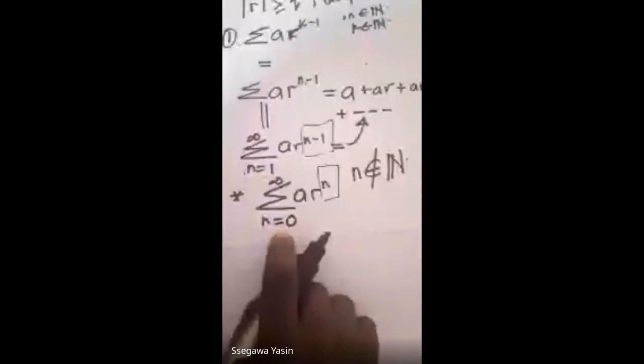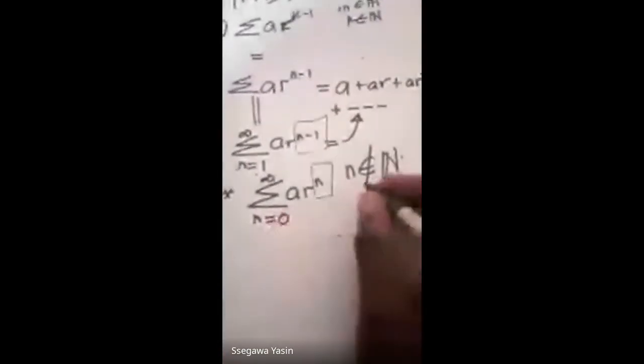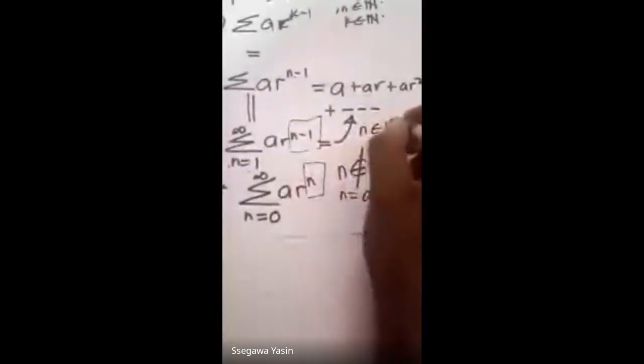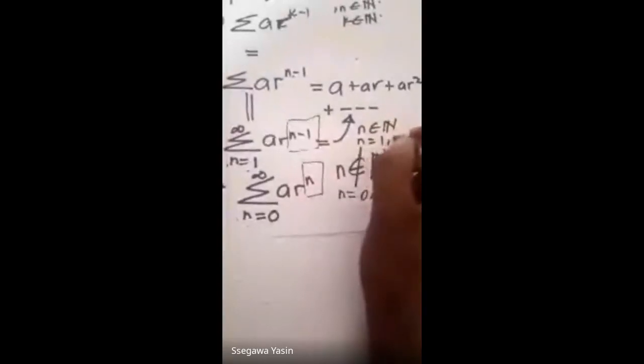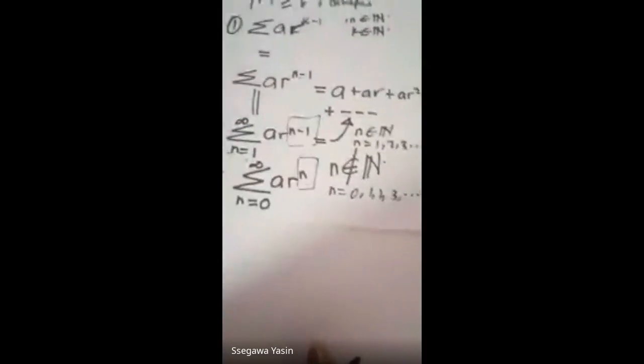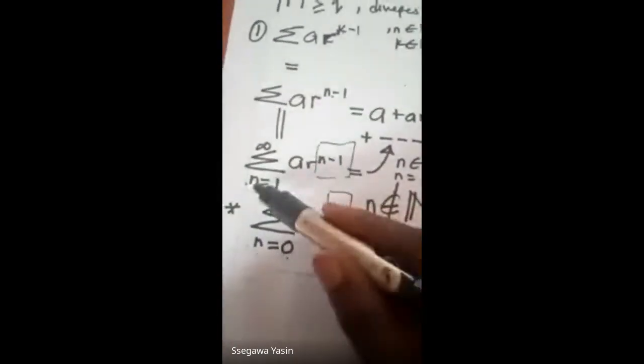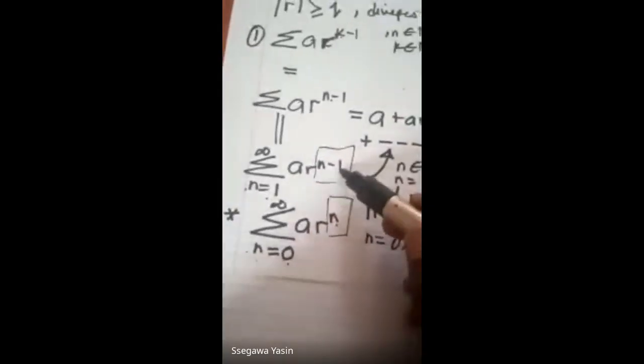So here you should be specific, and therefore you should know that I'm not dealing here with the natural numbers, but they have added a 0, and therefore my N here will be 0, then 1, then 2, 3, and others. But here my N comes from the natural numbers, and therefore my N starts from 1, 2, 3, and others. So that's the only difference as you are reading the different literature about a GP. Sometimes the moment they write 0, you start from R^N. The moment they write 1, you start from R^(N-1).